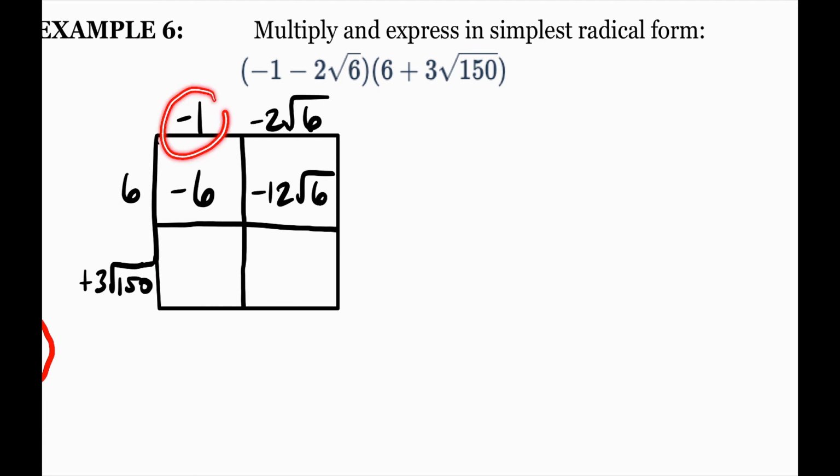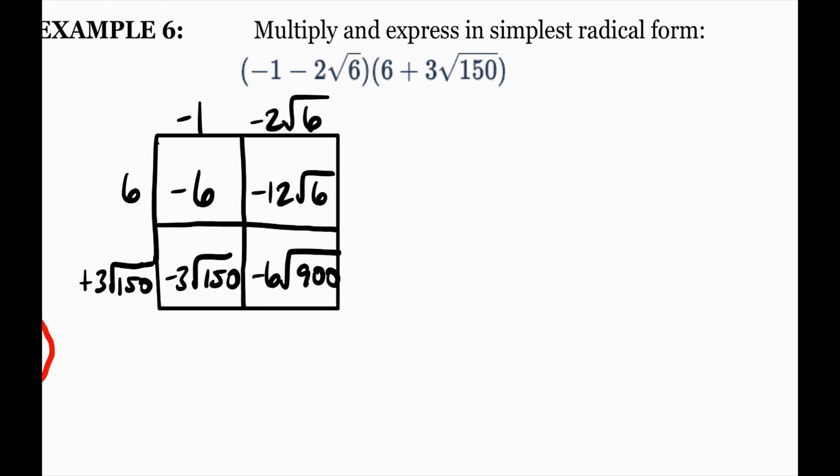Next one, negative 1 times positive 3, negative 3 square root of 150. Last one, they have both. Negative 2 times positive 3 is negative 6. And then 6 times 150 is 900.